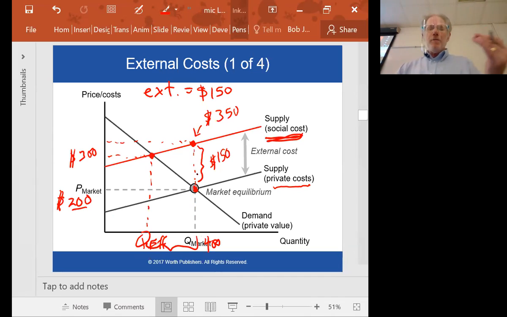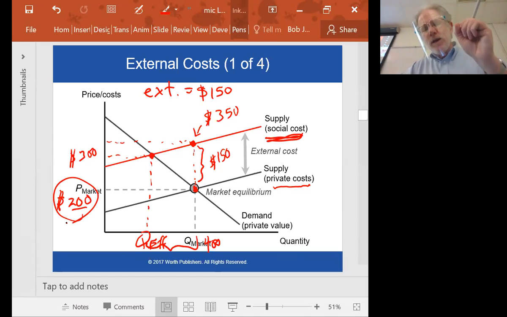Obviously, it's not a good idea to produce that last tire since the cost exceeds the benefit. The problem is the producer has an incentive to produce it, and the consumer has an incentive to buy it because the $200 price is not reflecting the true cost of producing that tire.